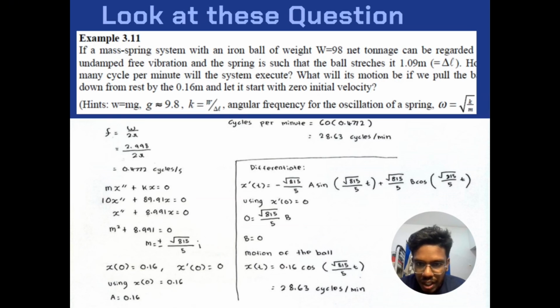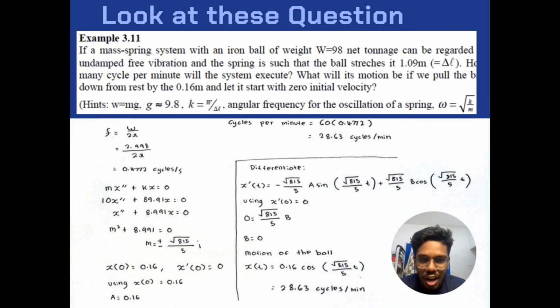So when x at time 0 equals 0.16, we know that a is 0.16.